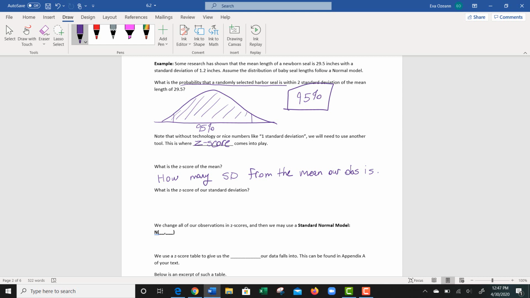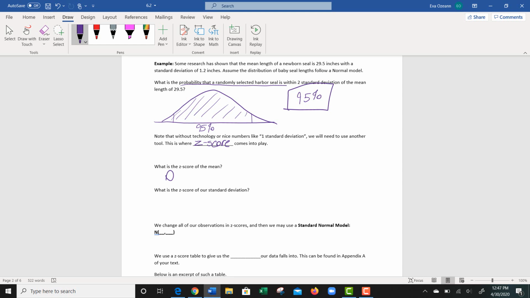So if we think of this, what is the z-score of the mean? What that's asking is how many standard deviations from the mean is the mean? Well, the mean is the mean, so it's 0. That would be 0 away from itself. What is the z-score for our standard deviation?